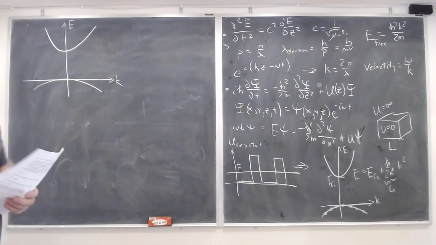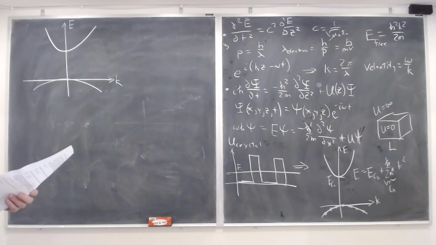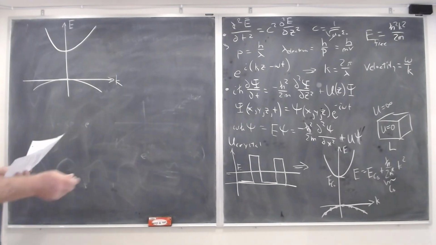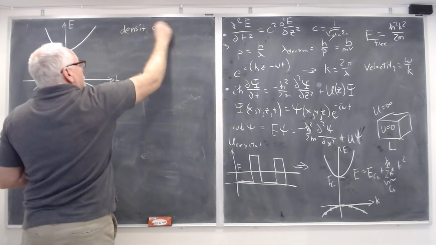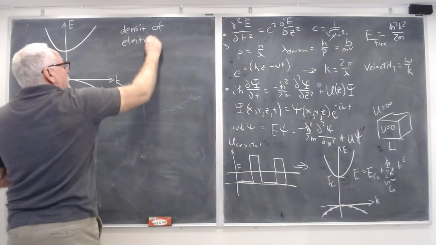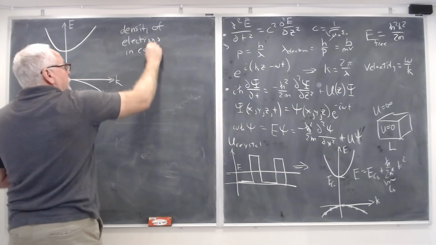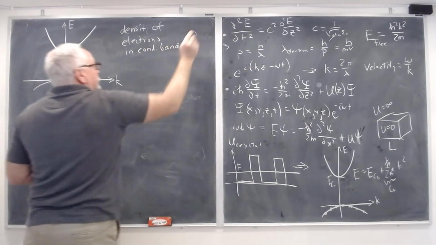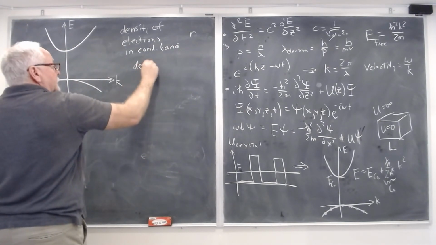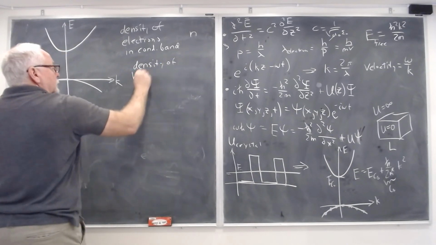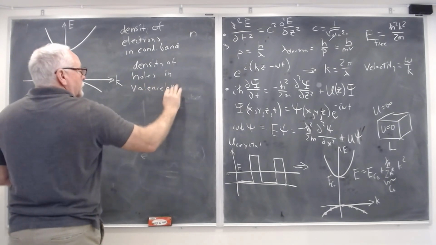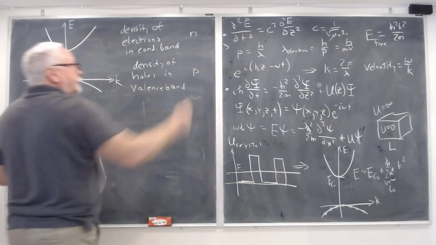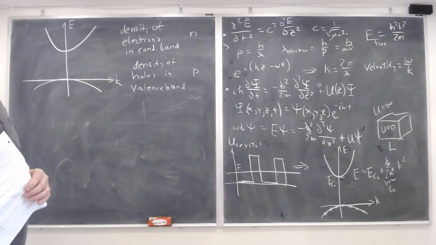Let's first jump ahead to the result, as I told you before the midterm, in which I was glad to see that I think almost everyone remembered, which is that there's a density of electrons in the conduction band, and that's N, and there's a density of holes in the valence band, and that's P, N and P. They have units of 1 over volume.